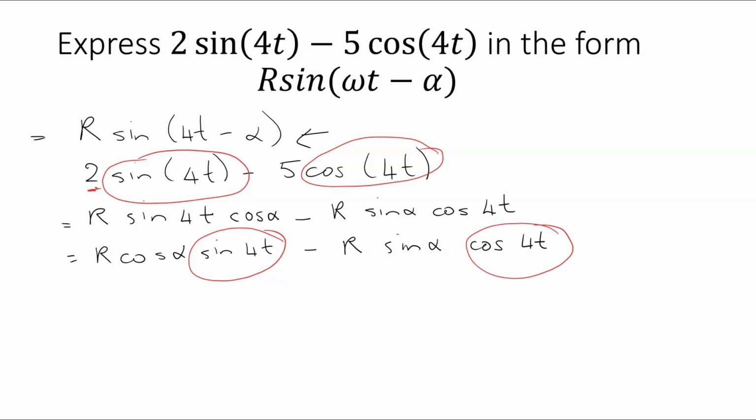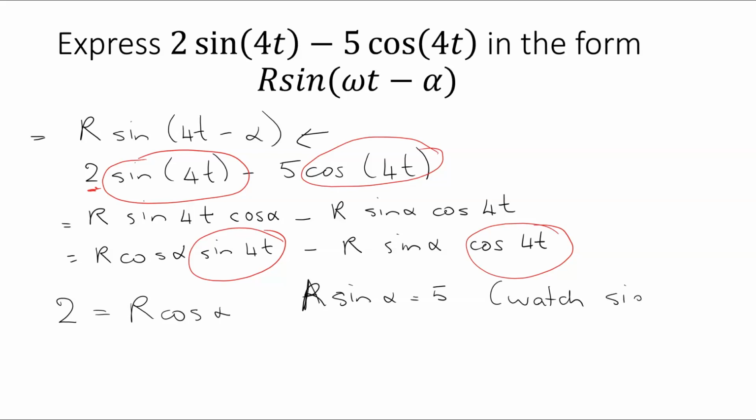That's the way around I wanted to do it. So then we can say 2 must equal R cos alpha, and now we just need to be a little bit careful here that R sine alpha is going to equal 5. Just watch the signs.